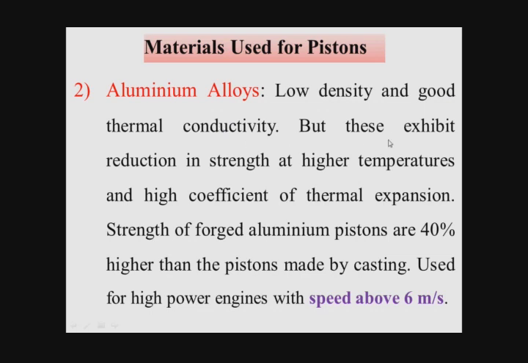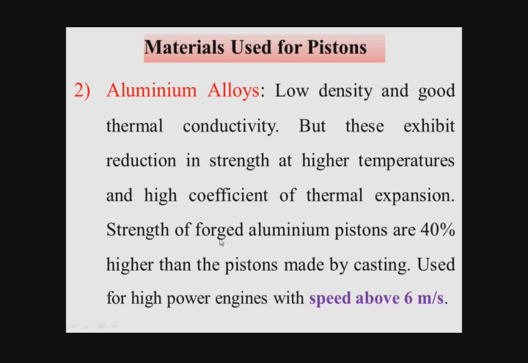But these exhibit a reduction in strength at higher temperatures, meaning as the temperature increases, strength decreases. They also have a high coefficient of thermal expansion, meaning their dimensions change with increasing temperature, which is a disadvantage for piston materials.